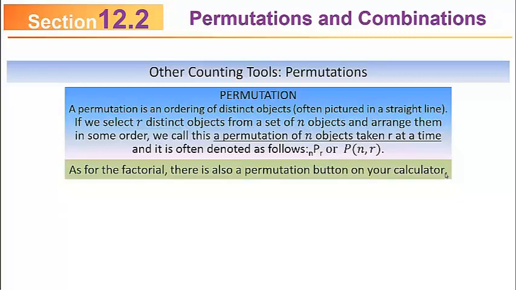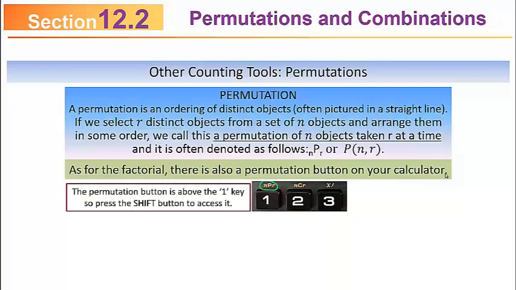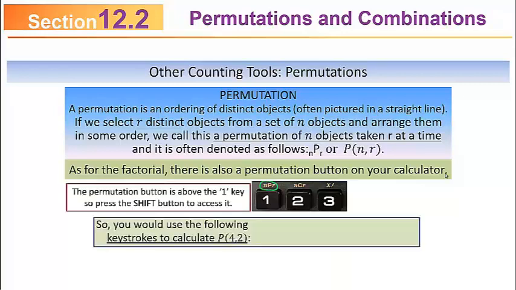And just like for the factorial, there's a permutation button on your calculator as well. It's above the number 1. That is the permutation button. It's above the 1, so you have to press Shift to access it. So if I wanted to calculate permutation of 4 things taken 2 at a time, here are the keystrokes. Press the 4, do Shift 1, which takes you to the permutation.